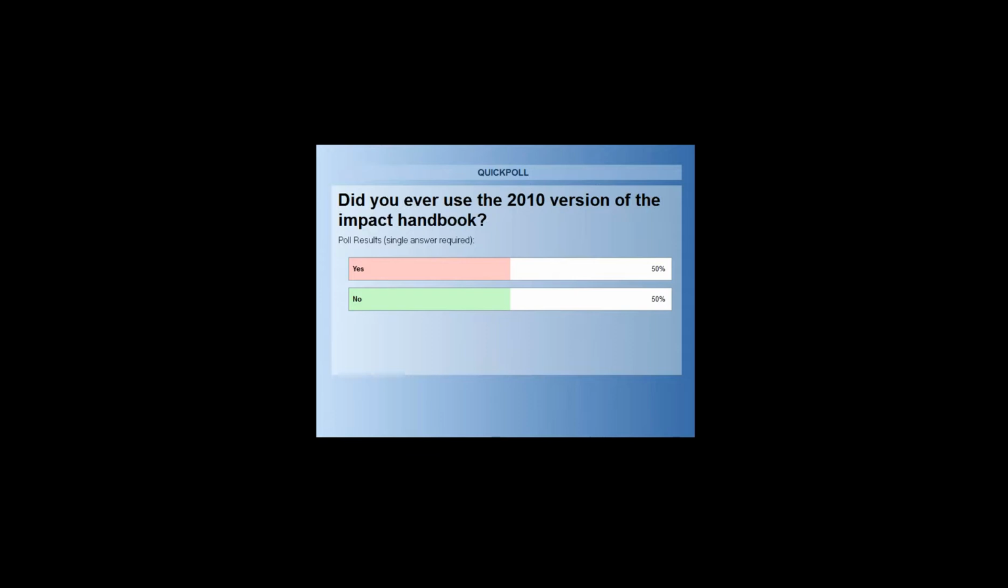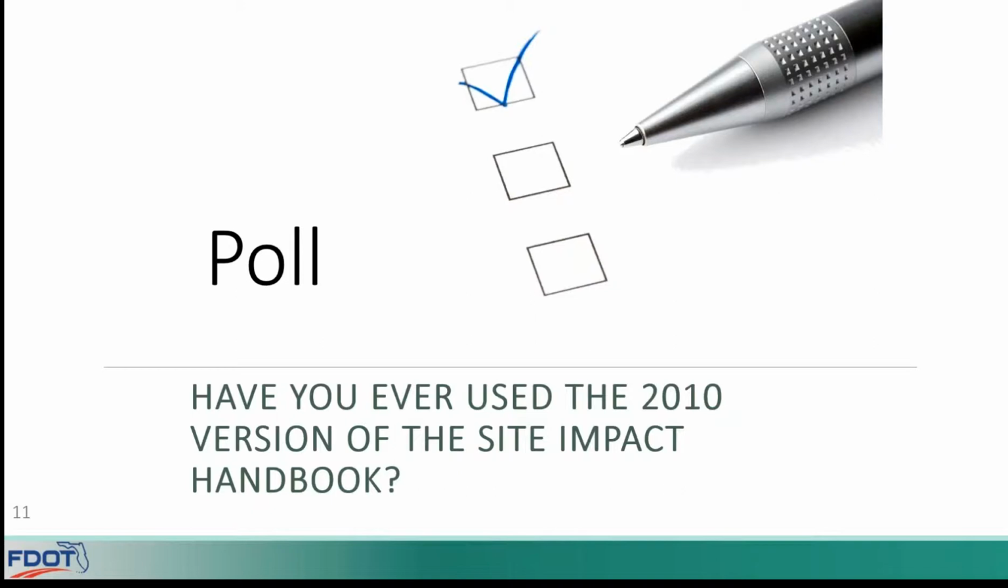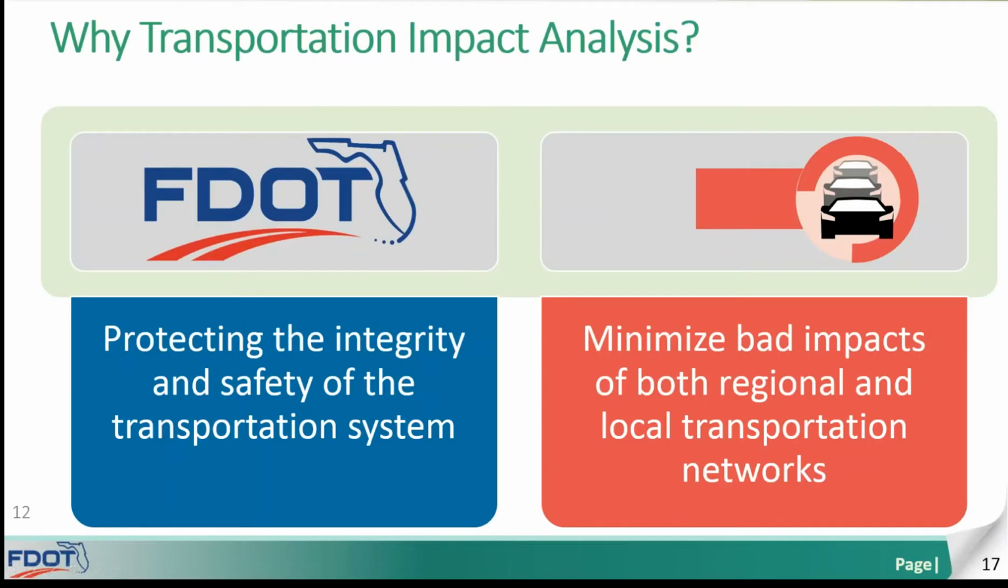But what we want to do also is to keep you updated with the latest that is happening in the field of site impact analysis, which we will try to do on the website, and we will try to do with these webinars also. I'm going to hide the poll and okay.